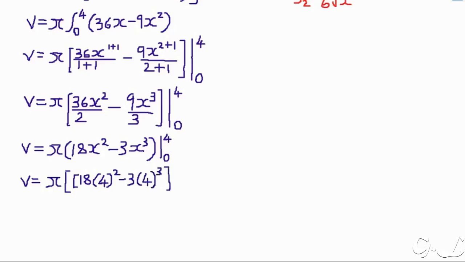That is the first step. Again, we subtract: we replace with the lower limit, and the lower limit in this video is 0. We are going to replace x with 0, like that. This is how it will be.